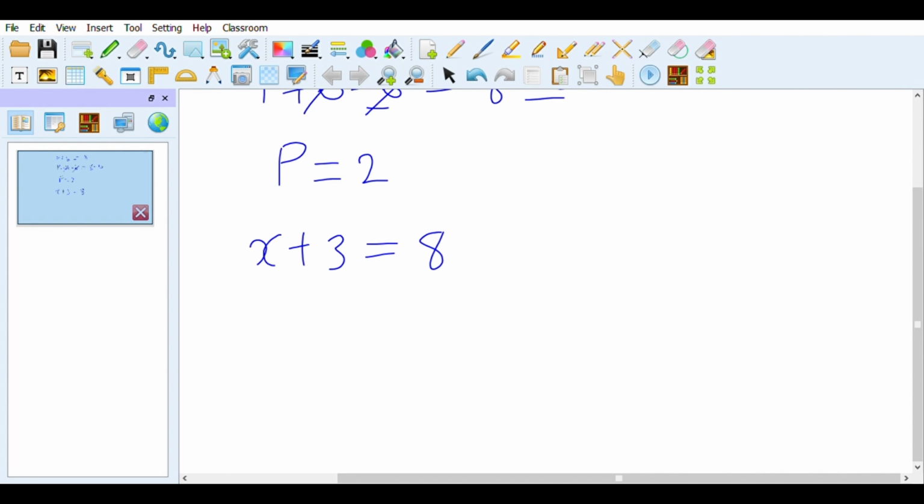Okay, so because we have a plus 3 here, we're going to subtract it from both sides. So on the left hand side, we have x plus 3. We subtract 3, and then 8 will also subtract 3. 3 minus 3 is 0. We have x alone. 8 minus 3, we have 5.